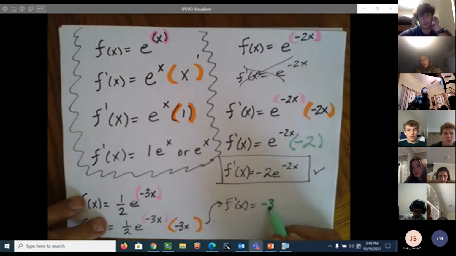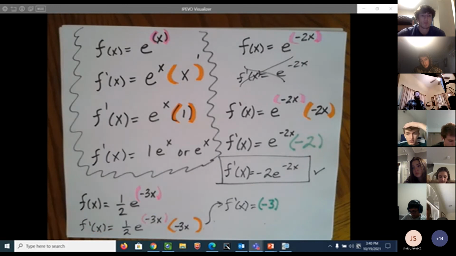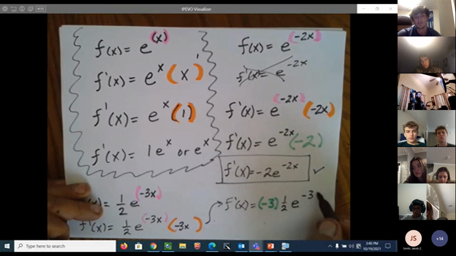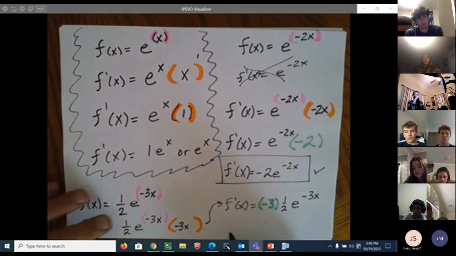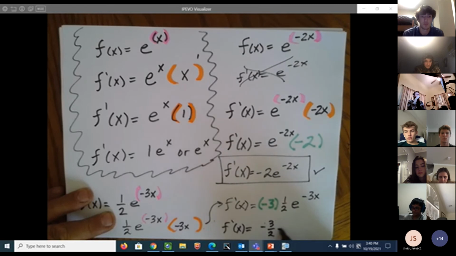Negative 3, times 1/2 e to the negative 3x. And of course, you can simplify that. That'd be negative 3/2. f prime of x is equal to negative 3/2 e to the negative 3x.